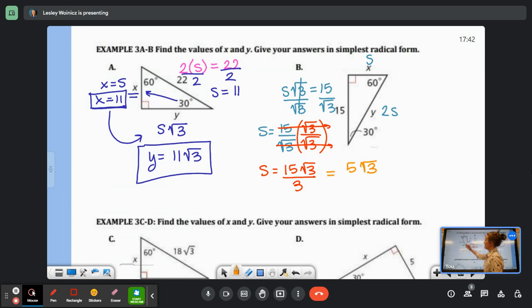My s is x, so I know that x is 5 root 3. Now this one's easier than the last one. I have to find y, which is just double my short side. So I just multiply this by 2, and I get y equals 10 root 3.